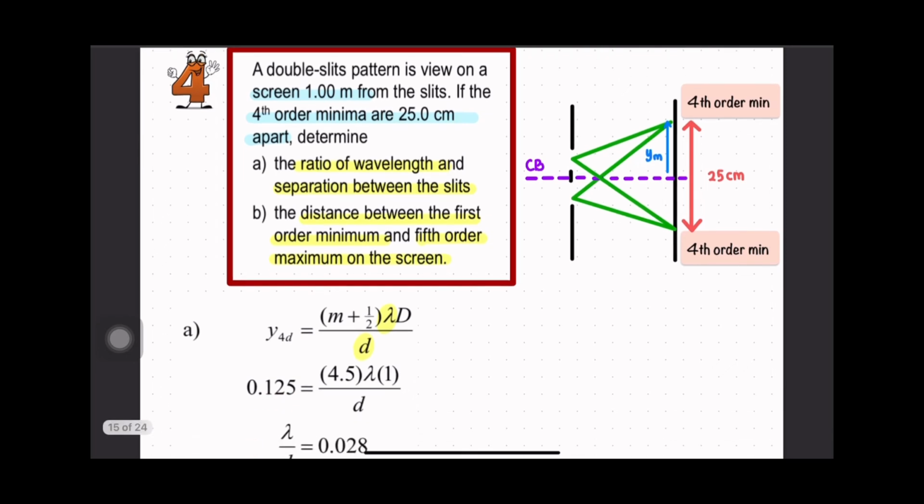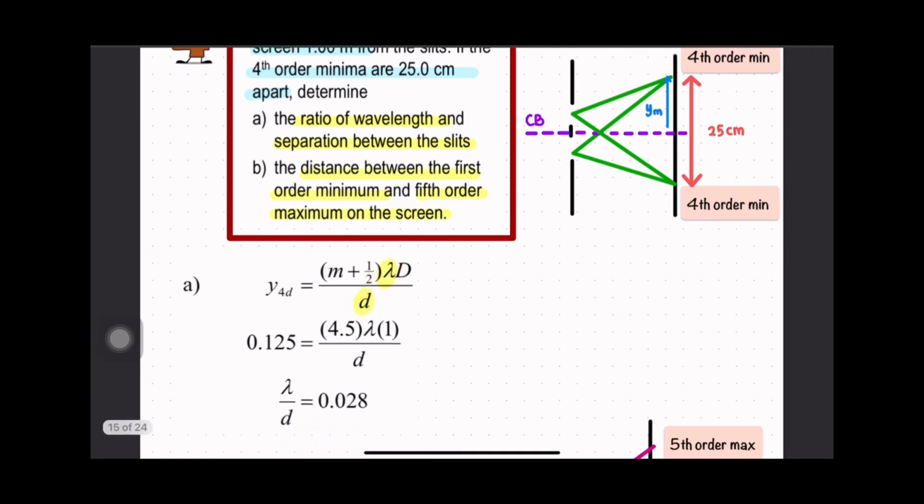Okay, then dia adalah fourth order minima. Fourth order means that order you adalah 4, m dia 4, and then guna formula dark, minima kan. So (m plus half) lambda D over d. So kita nak cari lambda over d. So lambda over d kita akan dapat 0.028.